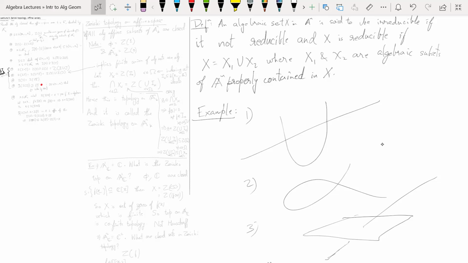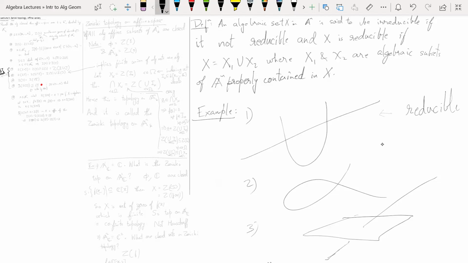If you can write it, then X is reducible. So for example, the first one is reducible. How about the second one? Is it reducible or irreducible?